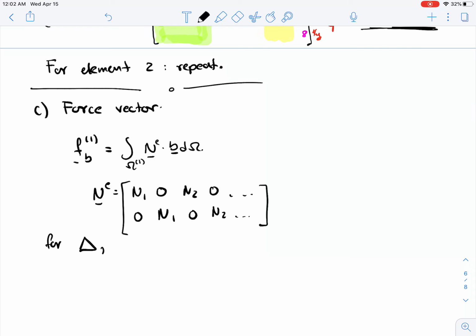And then for the triangular element, I gave you a formula at the end of last class that basically writes out the body force vector if, an important if, B is given at the nodes. So if B is given at the nodes, then let me look that up very quickly. What is the definition that I gave you?